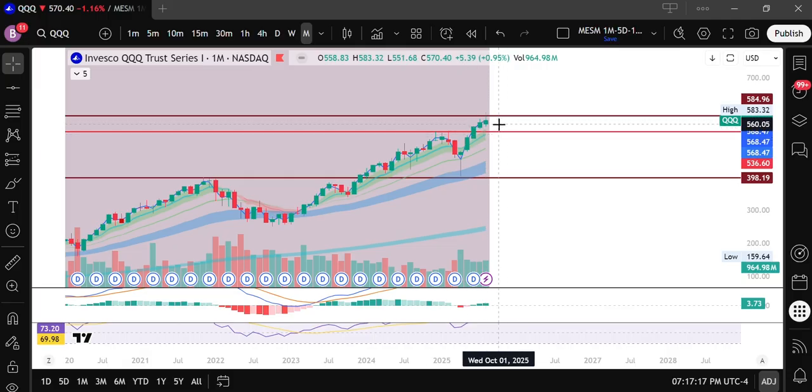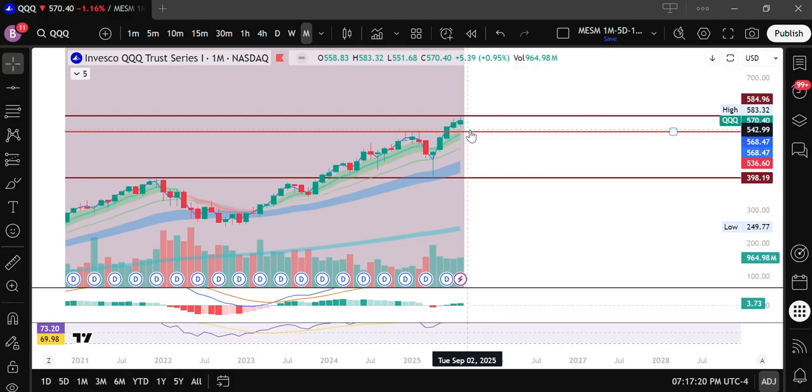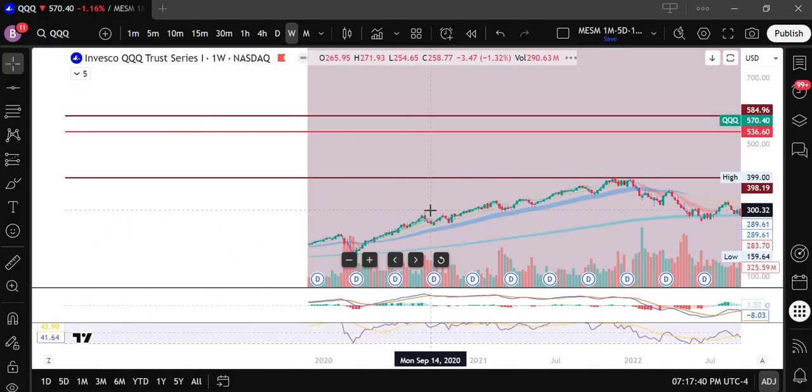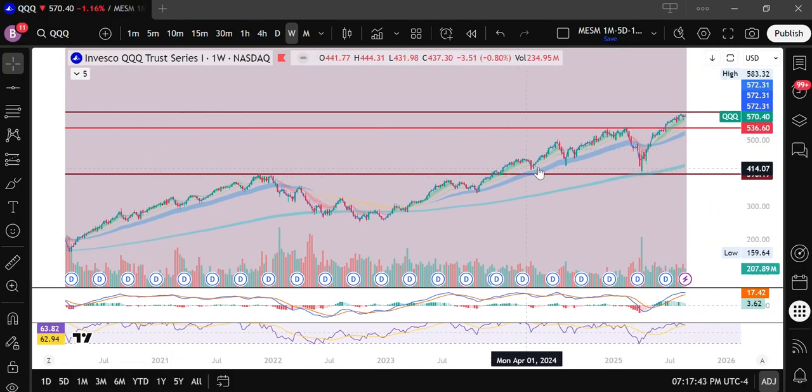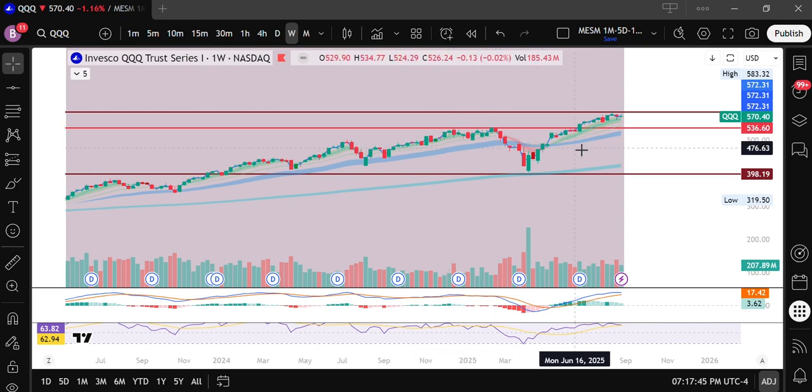This analysis, that QQQ is possibly coming back to test the 536, 540 area, is more likely going to happen over a month or two. Then when we go down to the weekly, we get more data. As you see, we get more candles.